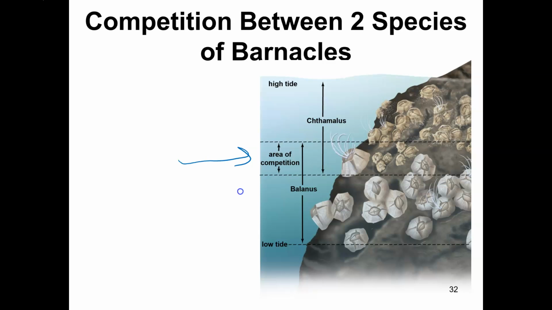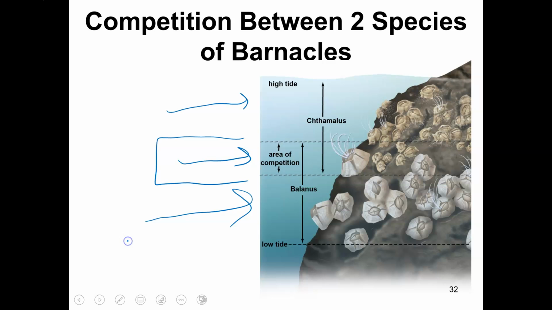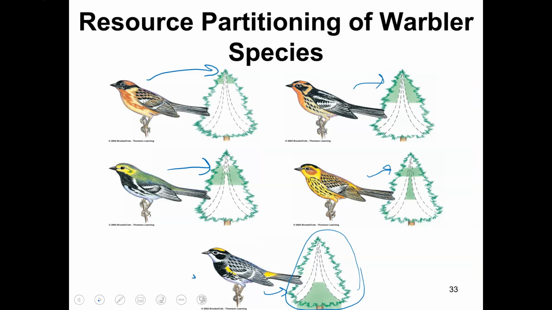And so they have partitioned the environment to where Thalamus lives high up, where you have water sometimes, but not all the time. And Balanus lives low, where you have water almost all the time, unless it's very low tide, right? But there is an area where they still will compete with each other. That's this small area of competition. So they also partition. And then we talked about partitioning here.